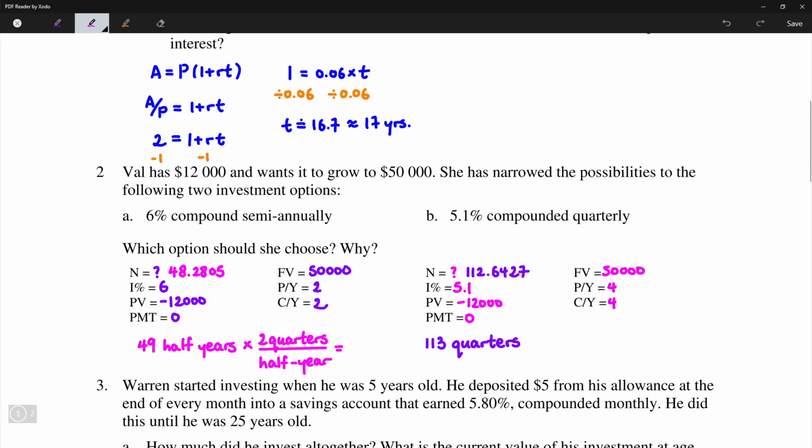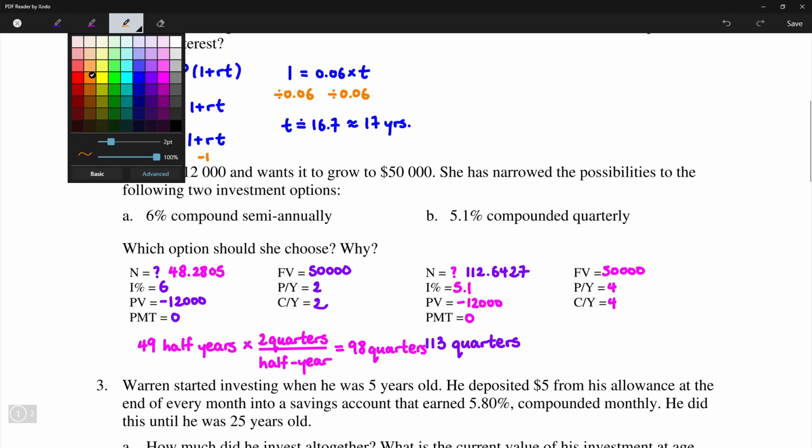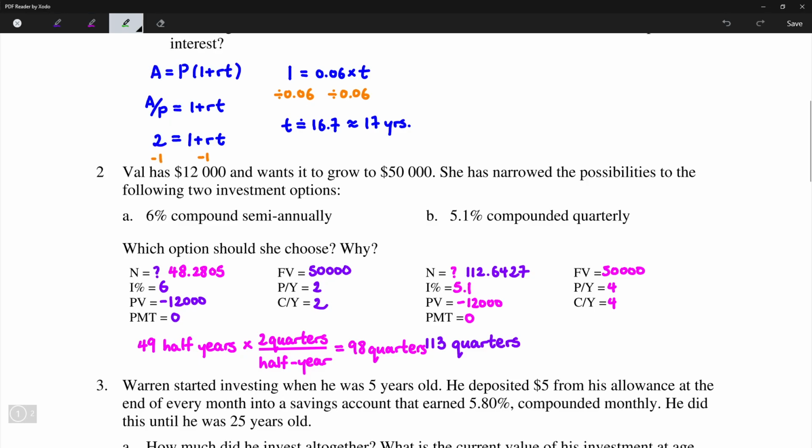And we'll get 98 quarters. And of course, 98 quarters is less than 113. So the better option will be the first one. And that's simply because it takes less time.